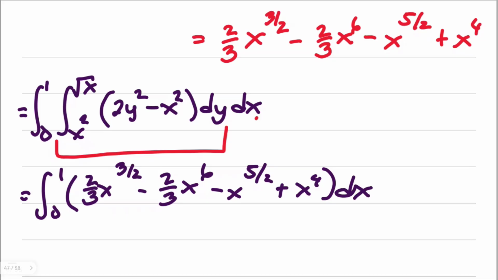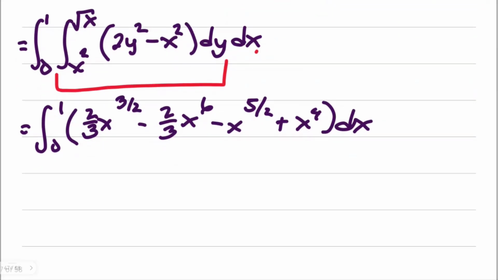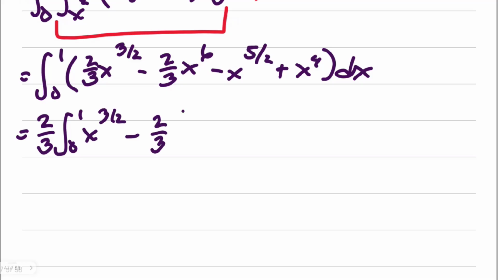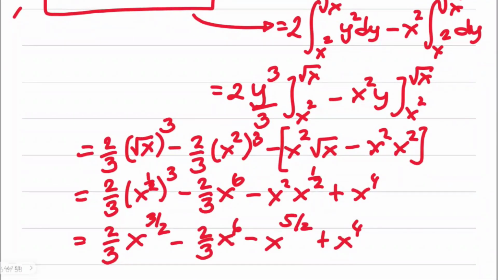All of the terms now have x's. So applying now the linearity properties, 2/3 integral 0 to 1 x to the power of 3/2 minus 2/3 integral from 0 to 1, sorry, my bad, this should have dx. Have I applied it earlier as well? dy, alright, that's correct.